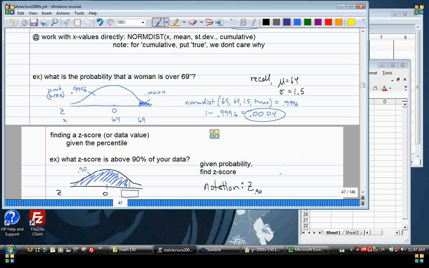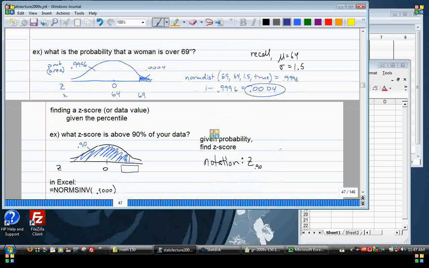And in math, we have a word for backwards. Do you know what it is? In math, the word for backwards is inverse. So before we were using NORM.S.DIST. Given the z-score, you find the probability using NORM.S.DIST. So to go backwards, NORM.S.INV. So in Excel, equals NORM.S.INV, and what does it ask for?